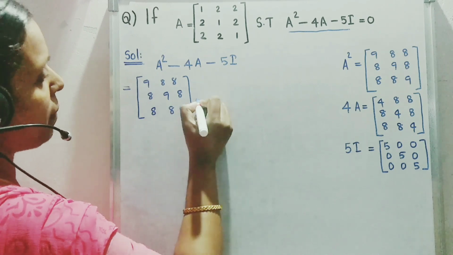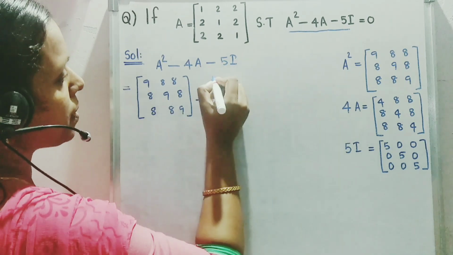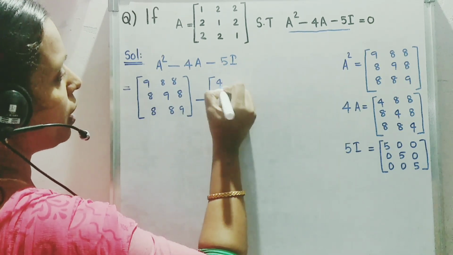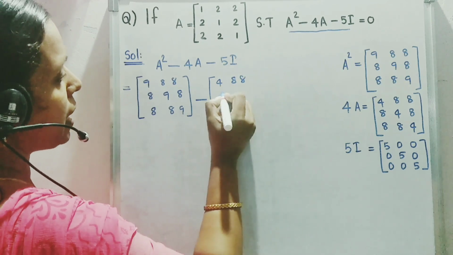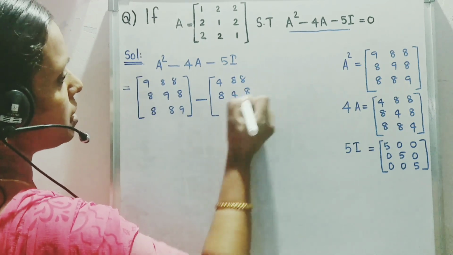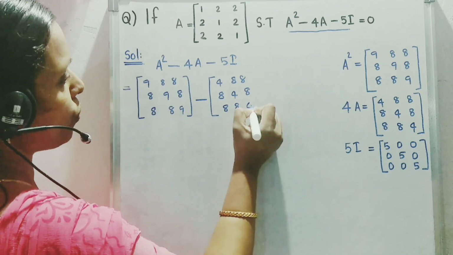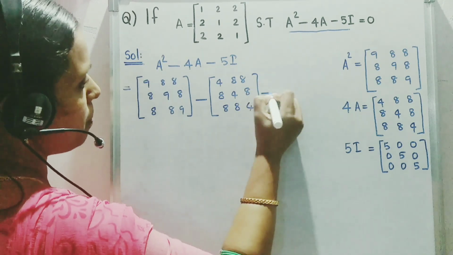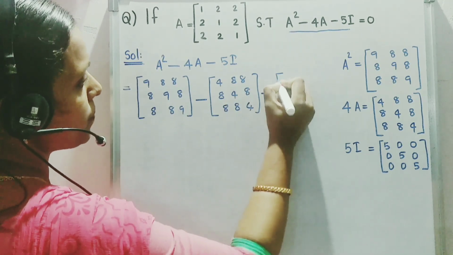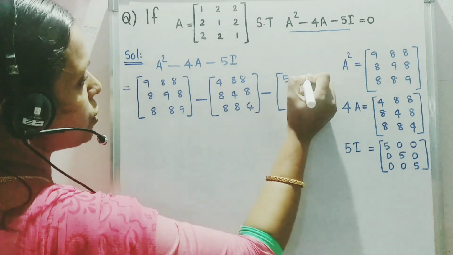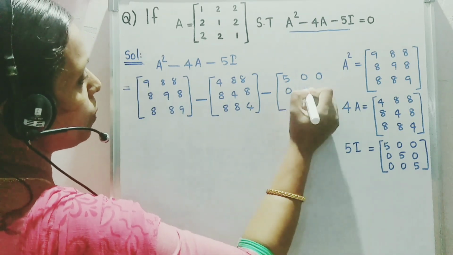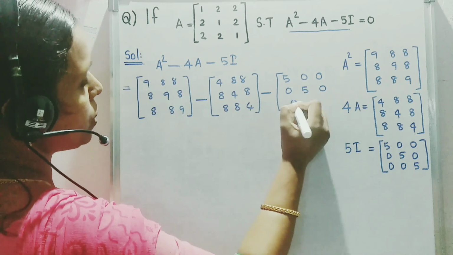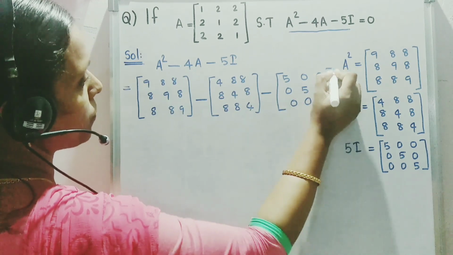Then minus 4A, here is matrix 4, 8, 8, 8, 4, 8, 8, 8, 4. Next minus 5I, here is 5, 0, 0, 0, 5, 0, 0, 0, 5.